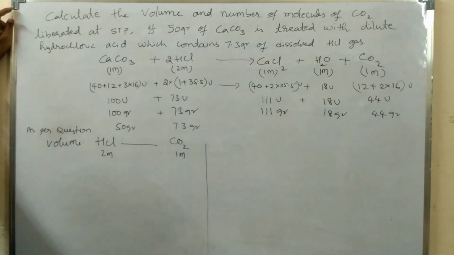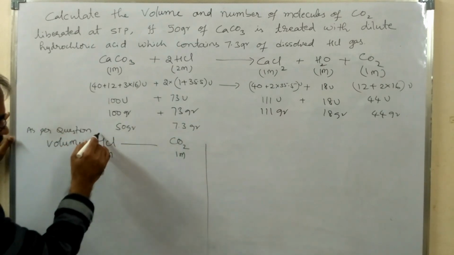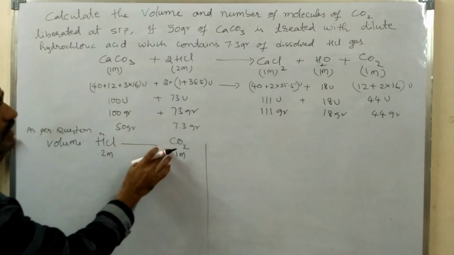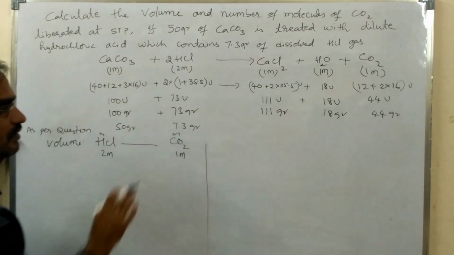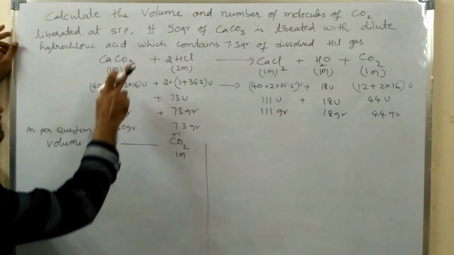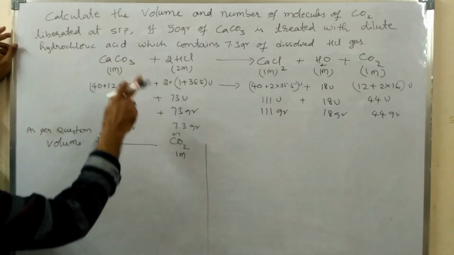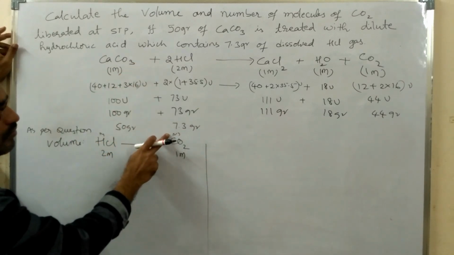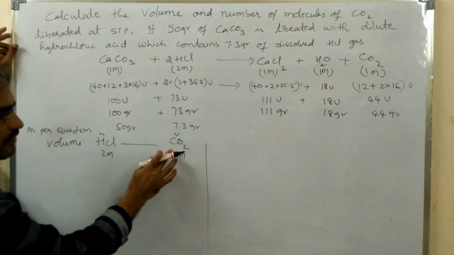Now we have HCl in grams, 7.3 grams. So nothing but this is mass. We have to take mass here. Here we need volume. So this is a mass versus volume relationship. Write HCl in mass, because once again I am repeating, HCl is given in mass, 7.3 grams, and we have to calculate the volume of CO2.